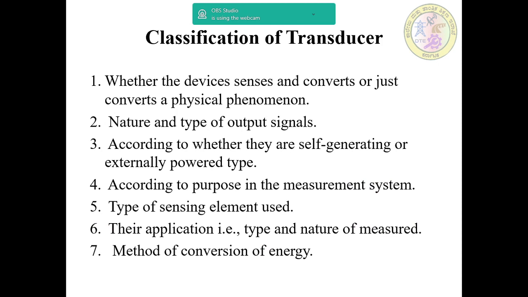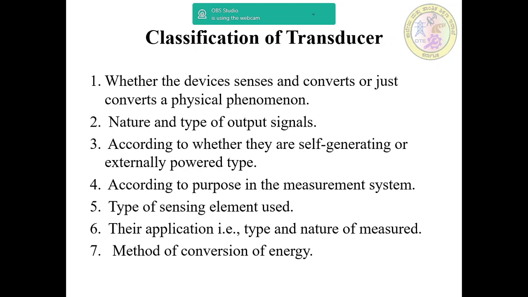Next we'll go for detailed classification of transducers. From an examination point of view, this classification of transducers is important. The classification depends on several factors. We will take them one by one. First, whether the device senses and converts or just converts a physical phenomenon. Second type is the nature and type of output signals.